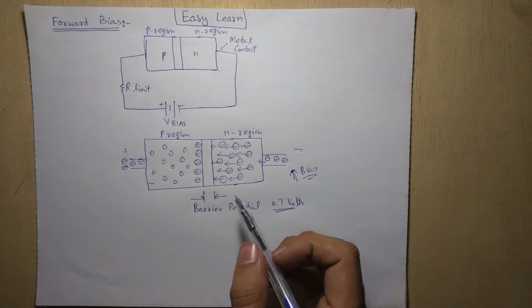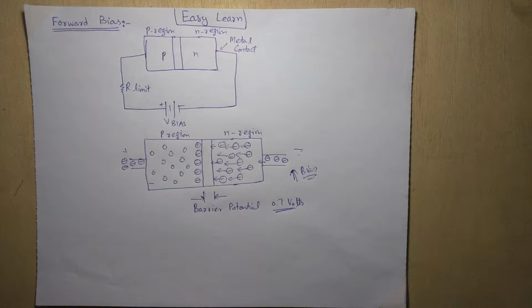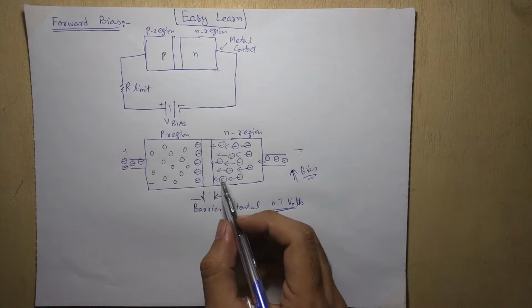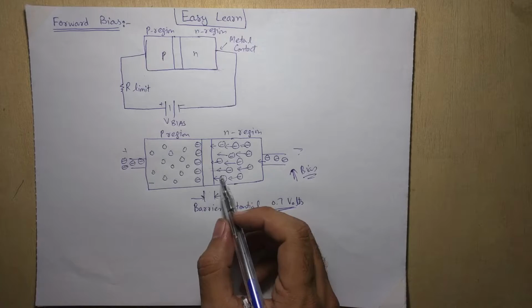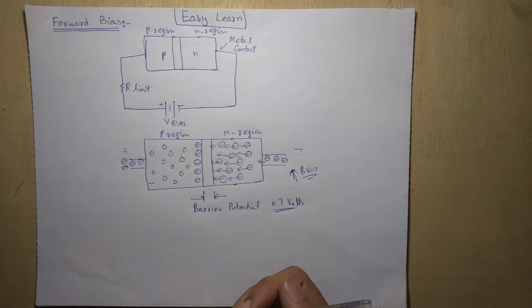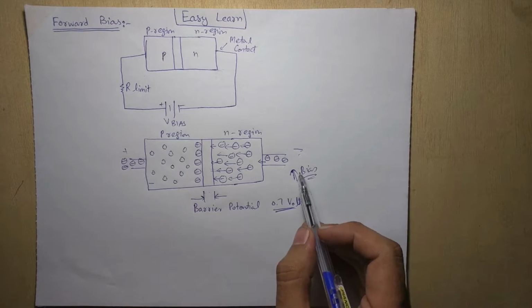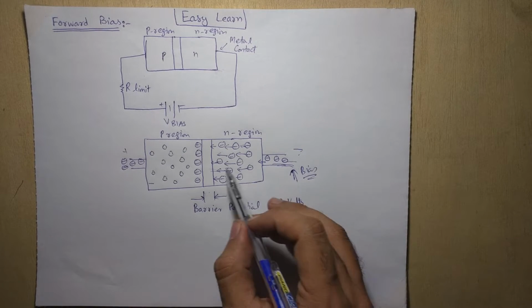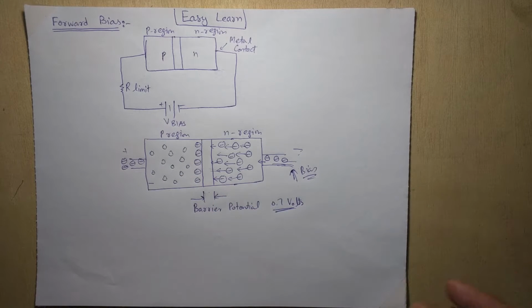It provides enough energy to overcome the depletion region and move through into the P region. They jump this energy hill, like an energy hill they have to climb. They cross the barrier potential because of the bias voltage push.